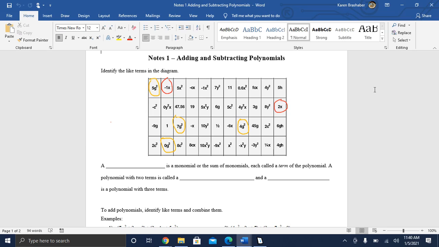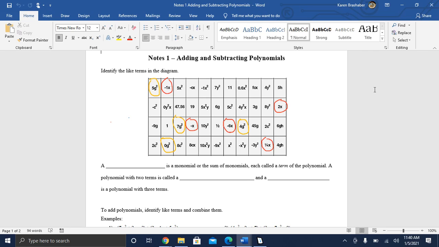Another like term is the negative x in the third row. That negative is the same as negative 1x. I see a negative 6x also in that row. And then going on to my bottom row, I see 1/4 x. So again, I'm looking for the same variable and the same exponent for terms to be considered like terms.